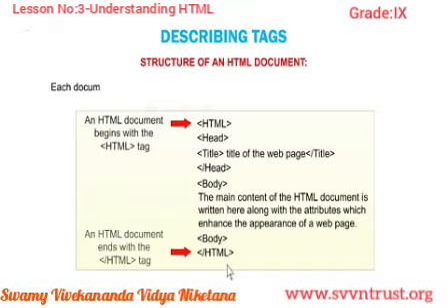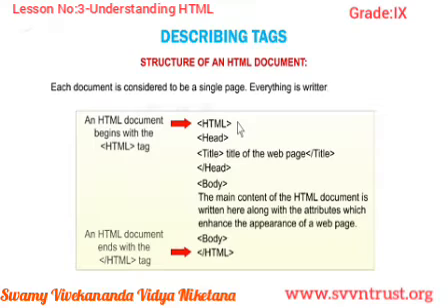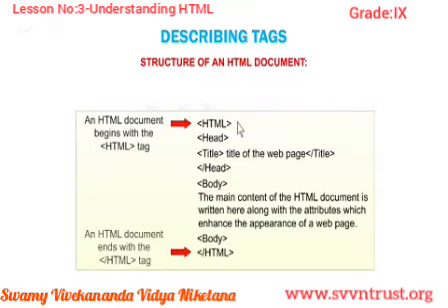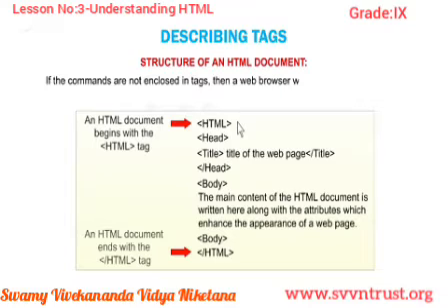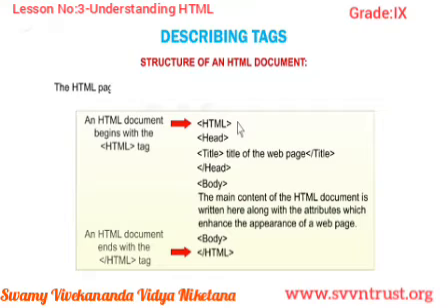Each document is considered to be a single page. Everything is written within these tags. If the commands are not enclosed in tags, then a web browser will assume the commands as simple text. The HTML page is divided into two sections, the head and the body.